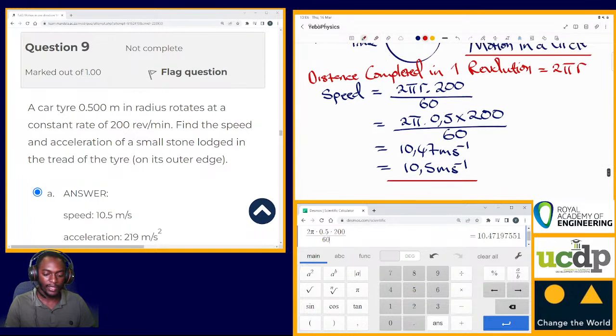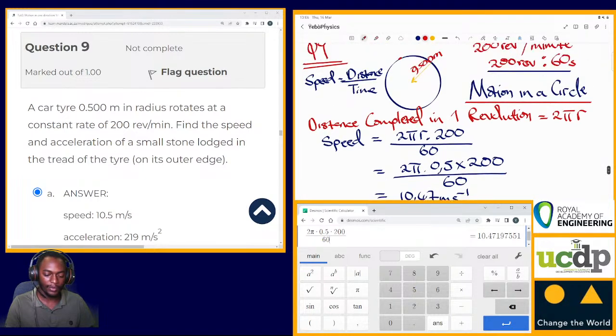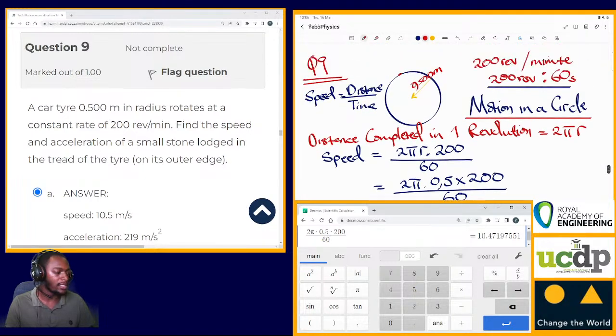So if you look at the question, we have a circular path. This is a concept on motion in a circle, and the radius is 0.5. What we did was use our equation of speed being equal to distance over time.